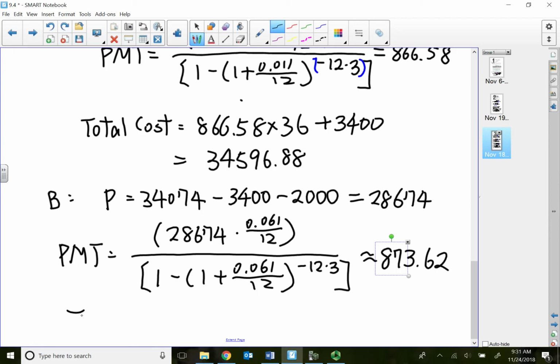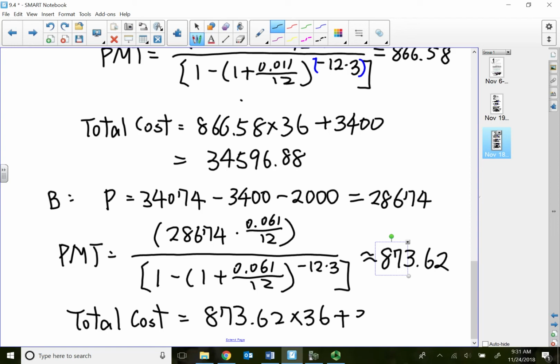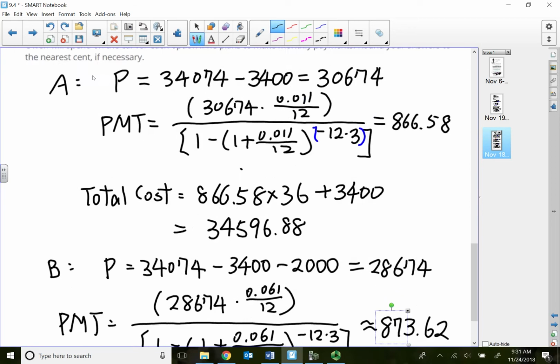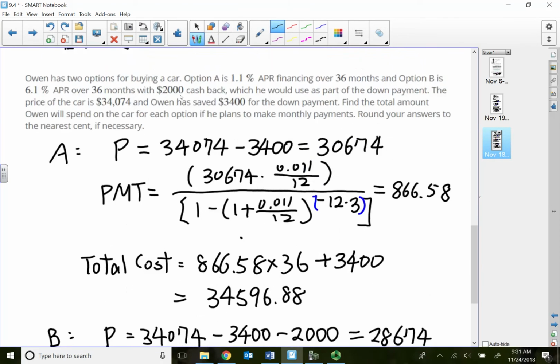So now the total cost, this is the part we have to be very careful with. 873.62, his monthly payment, times 36 months, that's his payoff, plus what he already put down, $3,400. Now I'm not adding the $2,000 back because he actually never put in the $2,000.